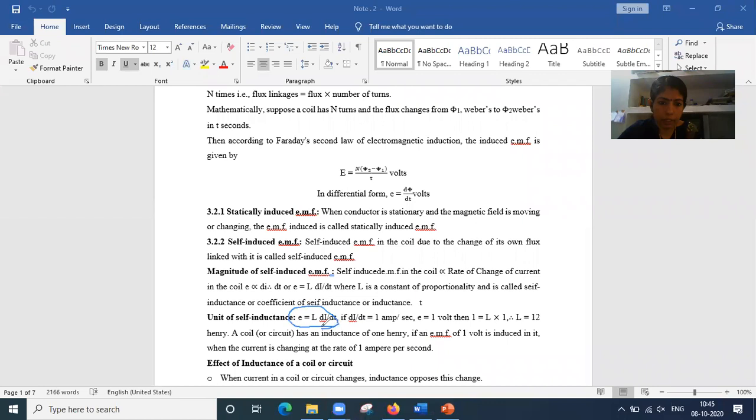You can see L into di by dt. That is, the self-induced EMF in a coil is proportional to the rate of change of current, and that proportionality is equated to the inductance of that coil. So we represent it as E is equal to L into di by dt.